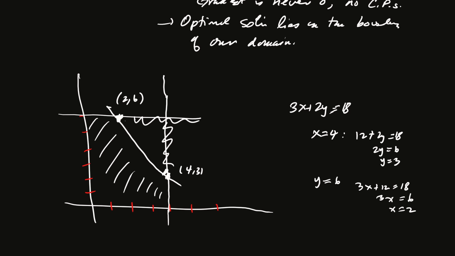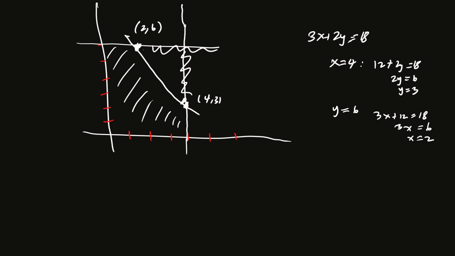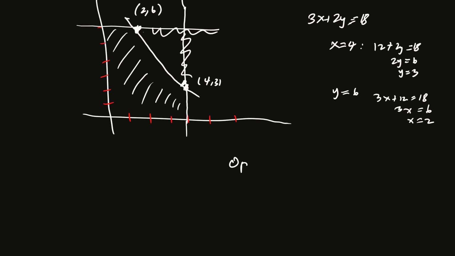And now, finally, we have to optimize our solution along this region, right? So let's take a look at some possible examples. So again, we're optimizing 3x plus 5y.